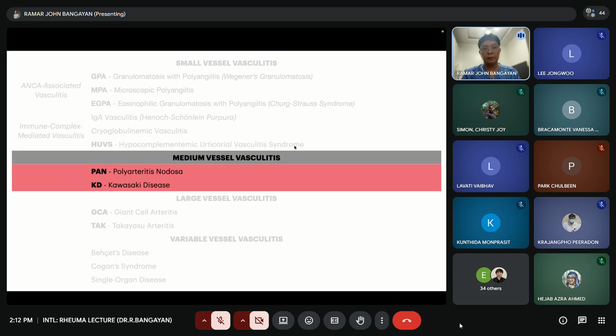It's just similar to your EGPA, okay? But it does not present with IgA deposition. It's just because of hypersensitivity. And in here, the complement system is actually decreased. All right? Remember that in IgA vasculitis, it is normal.